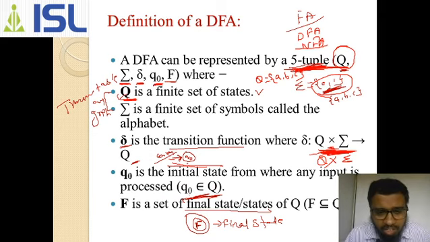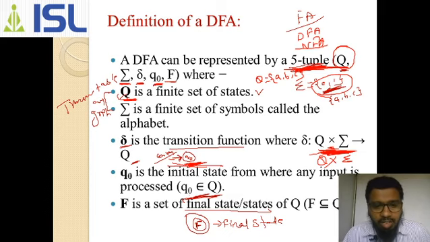So how is the initial state identified? With this Q0 state, which is an empty processing input to any one of the states. There is an initial state, remember that. And F, what is F? F is a finite set of states, F is a subset of Q. So how can you identify the final state?